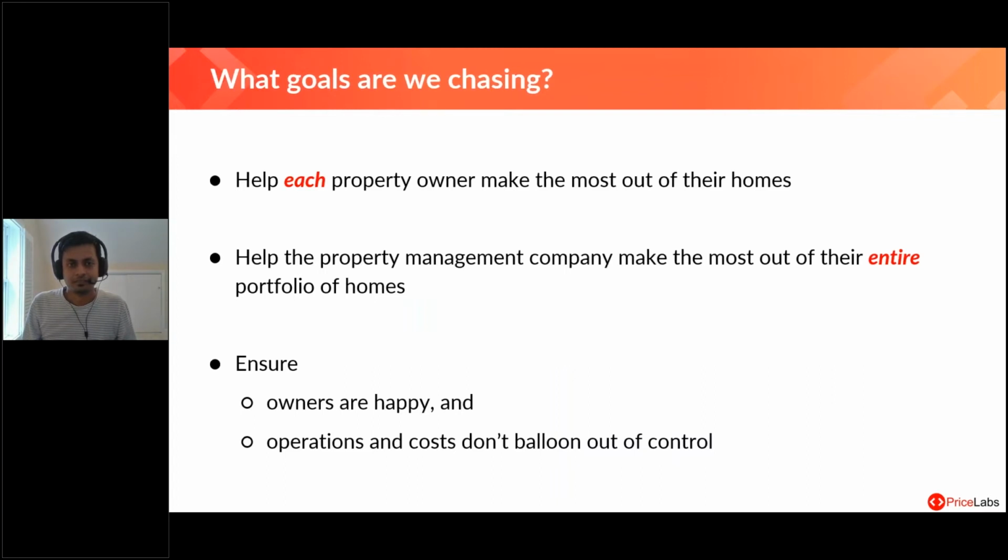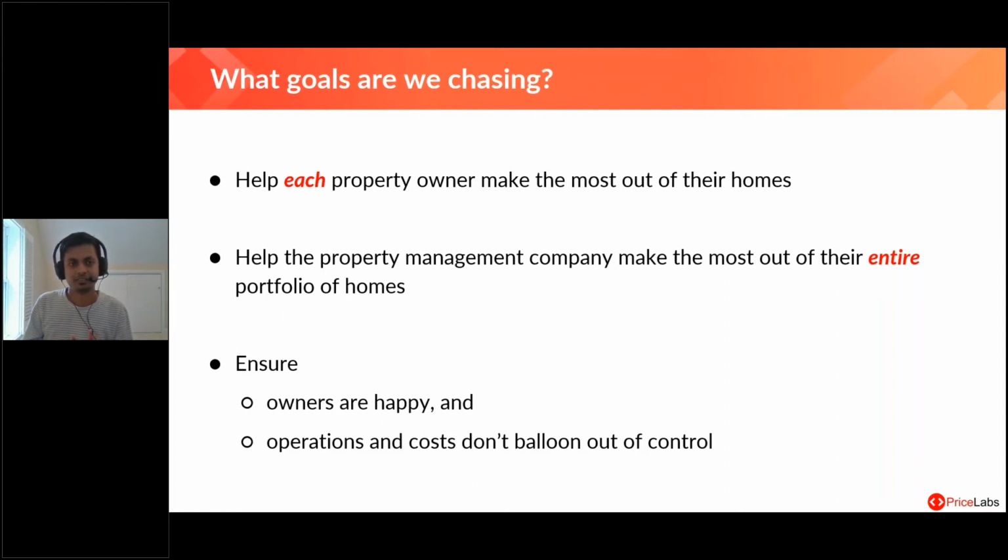Coming to the goals. As vacation rental managers, one of our primary goals, other than making sure that the guests are very happy, is to make sure that each property owner makes the most out of their vacation home. When I highlight each, what I mean is, if we have a portfolio of 100 properties, we might be doing really well as an entire portfolio and booking great.